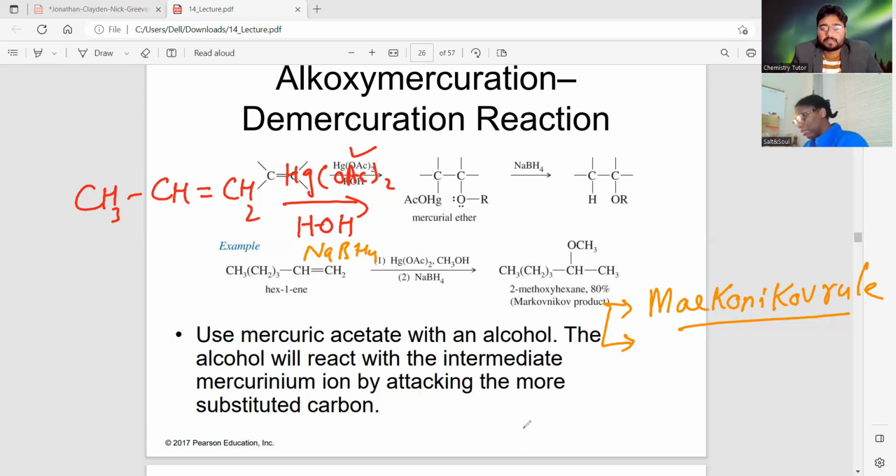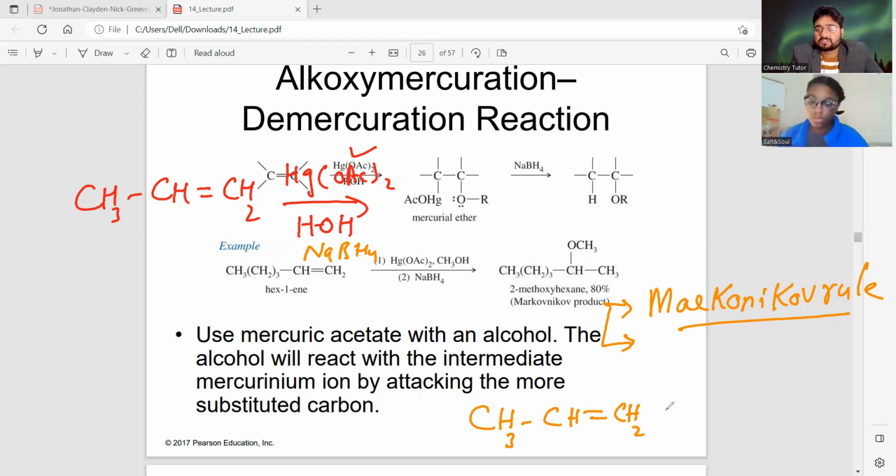For example, let me explain. If you have this alkene, CH3, CH double bond CH2, and I am reacting this unsymmetrical alkene with HBr, hydrogen carries a partial positive charge and bromine carries a partial negative charge because bromine is more electronegative than hydrogen.